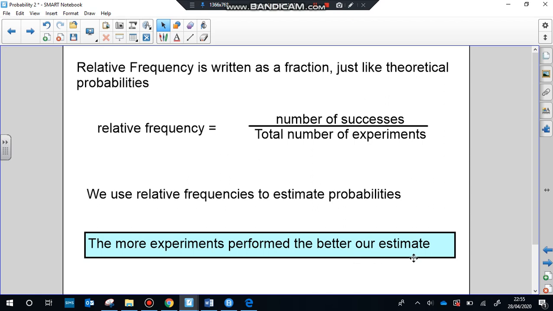This is tested a lot on GCSE exams. They often ask for what's the best estimate for the probability, or which relative frequency would you choose, and you must always choose the one that has got the biggest denominator. In other words, the number of experiments is the largest. Okay, so just make sure you've understood that, because that does come up a lot.